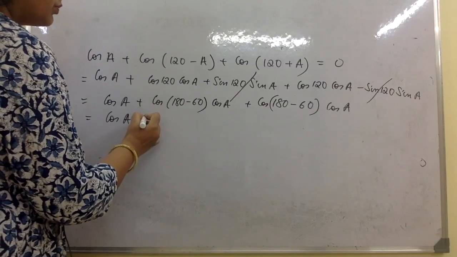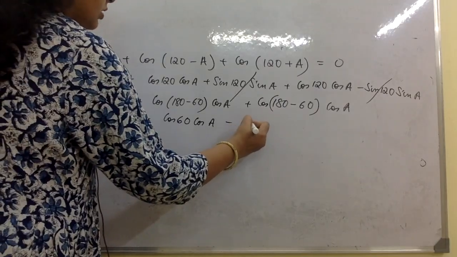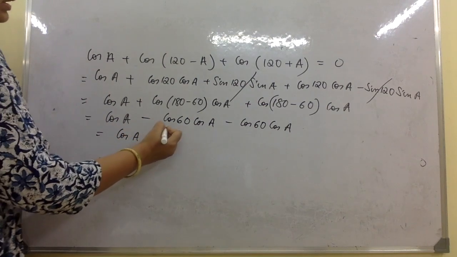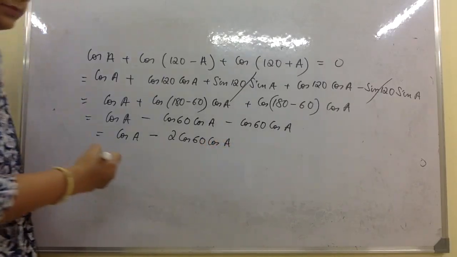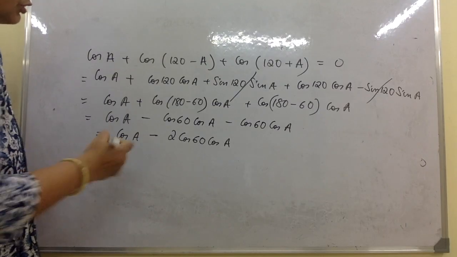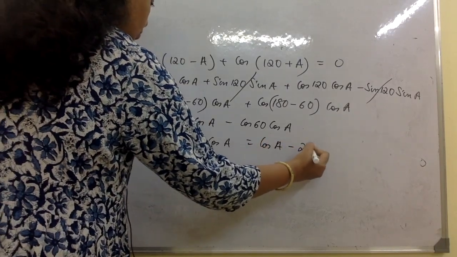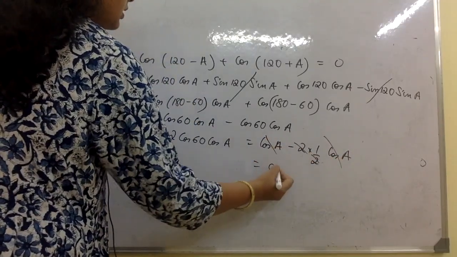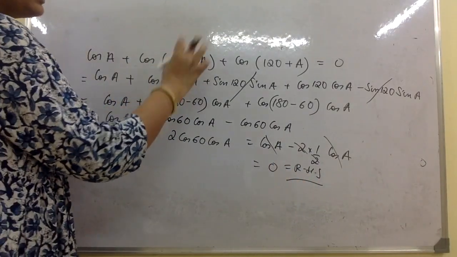So, not plus, minus cos 60 cos A minus cos 60 cos A. That is equal to cos A minus 2 cos 60 cos A. Cos 60 is equal to a half. So cos A minus 2 into half cos A. So this is gone, that is equal to 0. That is our right hand side. So here we use the formula of cos A plus B, cos A minus B.